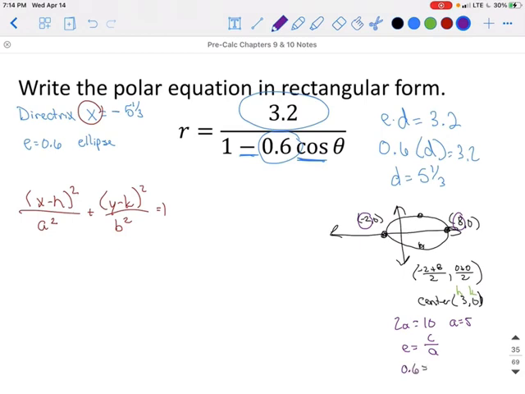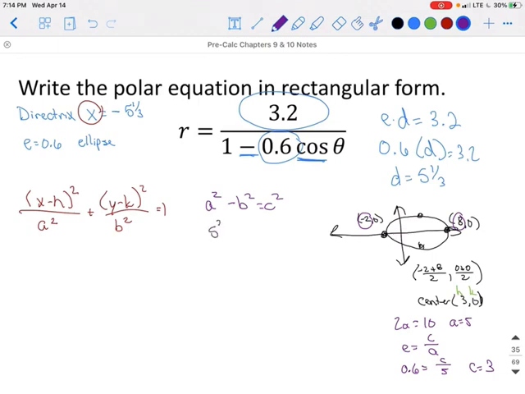Our eccentricity is 0.6, our a value is 5, so that means our c value would equal 3. Because this is an ellipse, if you remember back from chapter 7, we know that a squared minus b squared, an ellipse is minus because it is the opposite, is equal to c squared.